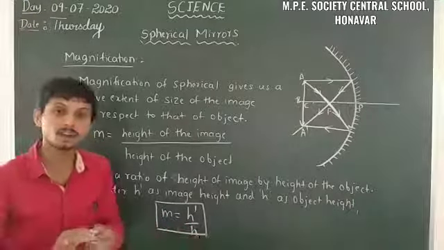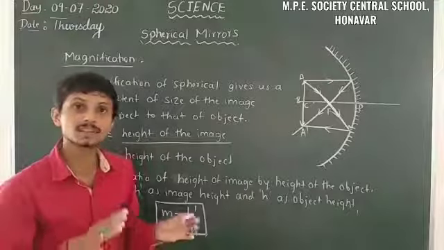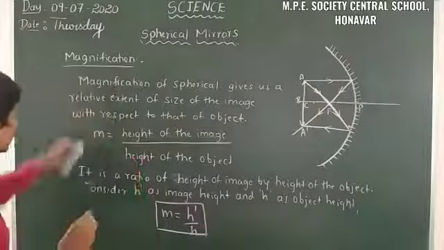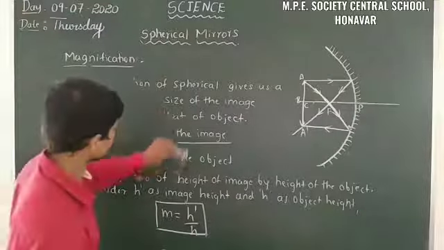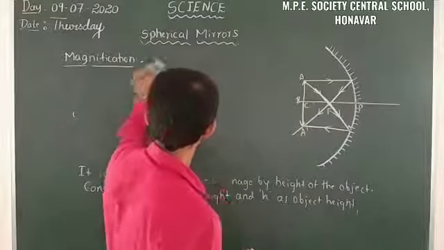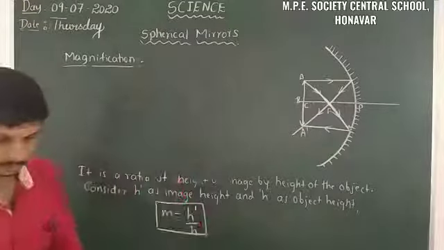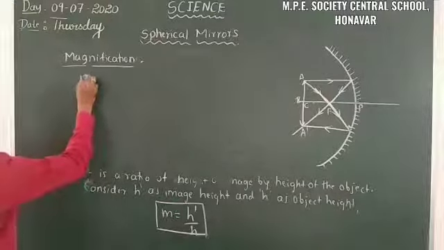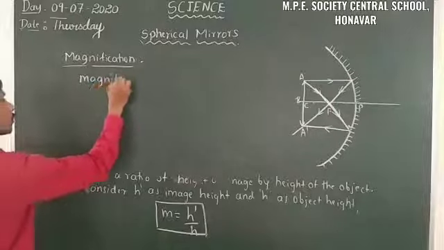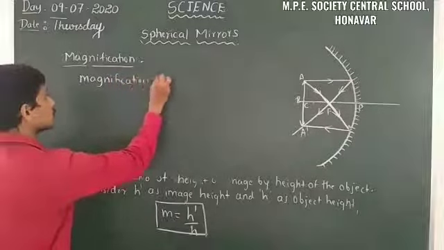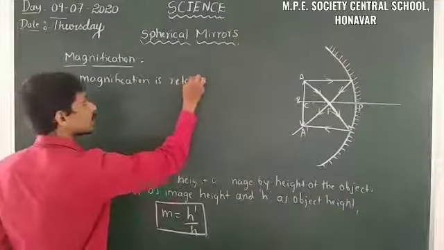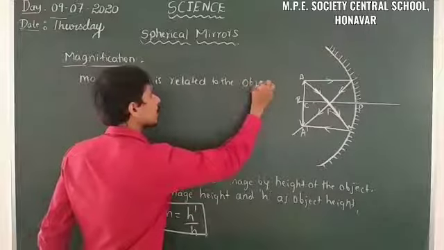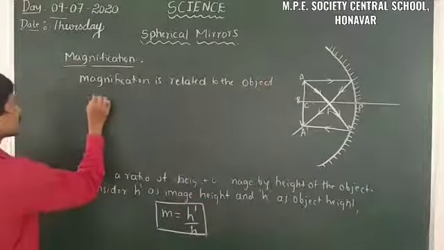That means magnification is always related to the image distance and the object distance.